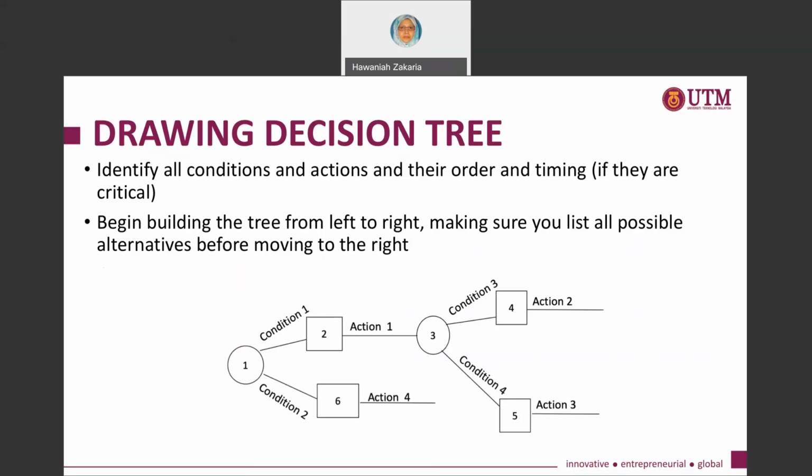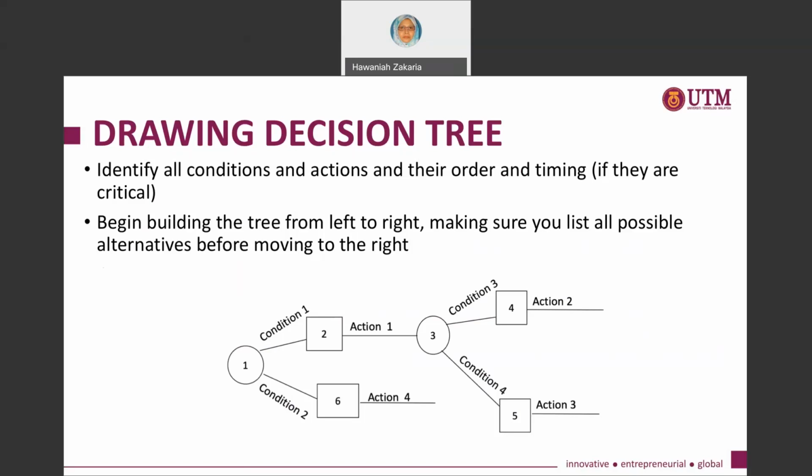You start off with building the tree. You move from left to right. You start off with a node, and from the node you produce branches. Each branch indicates a condition. Let's say in this example, after condition 1, a certain action would be taken. After that action is taken, it is followed by another 2 conditions to be chosen.